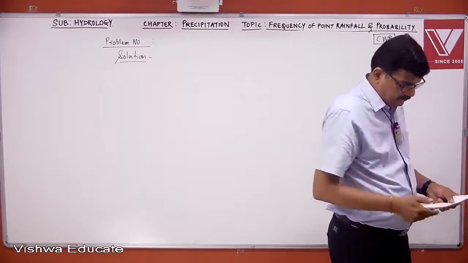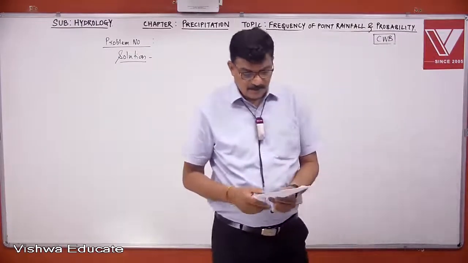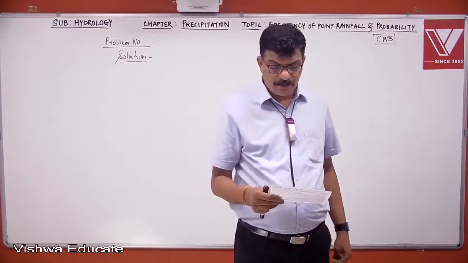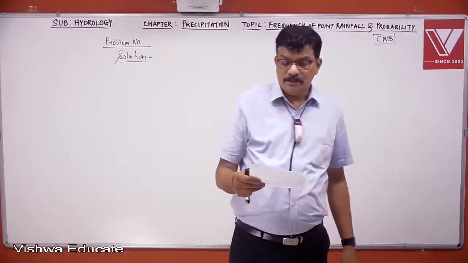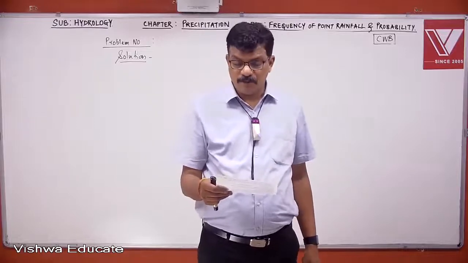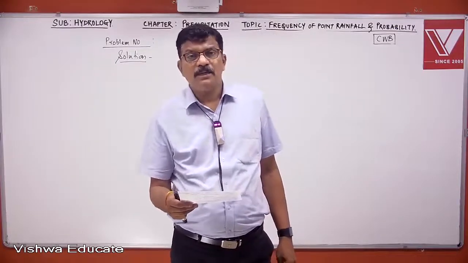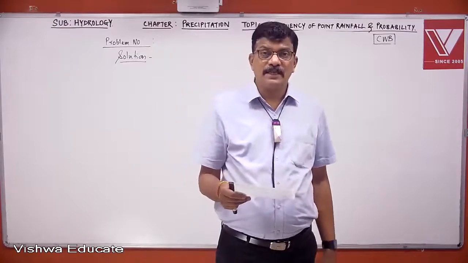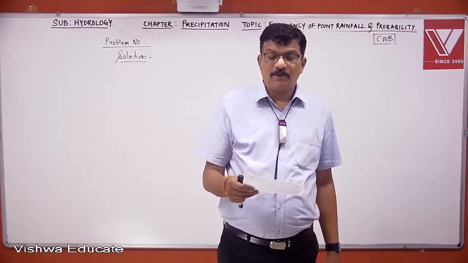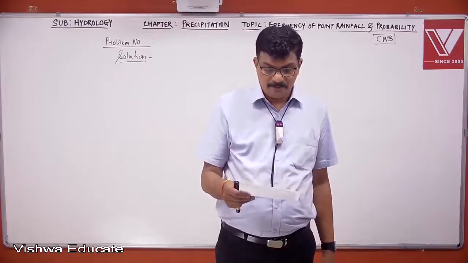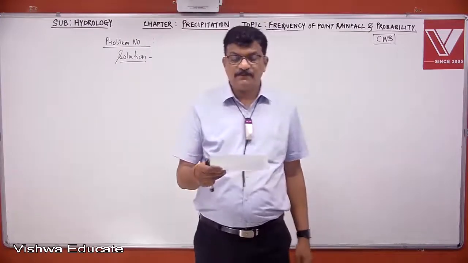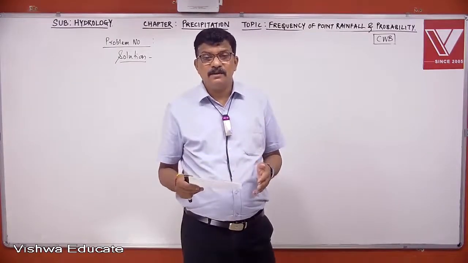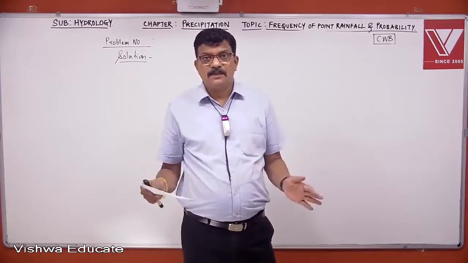That is, determine the recurrence interval using Hazen's formula for maximum and minimum rainfall for the following data for a 16-year period. Right? We have to find out the frequency. We have to find out the recurrence interval based on the given data.